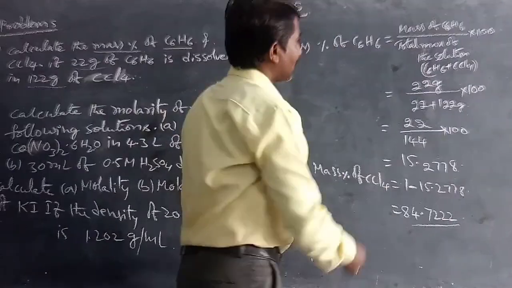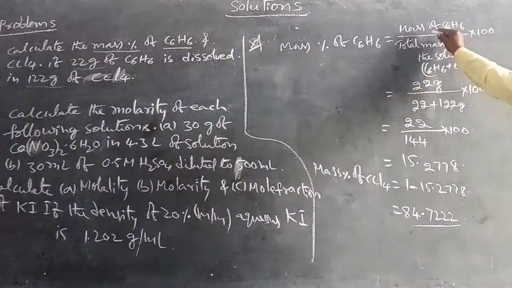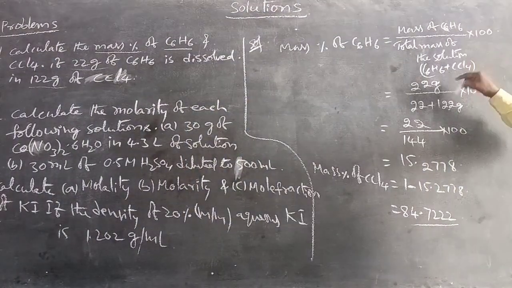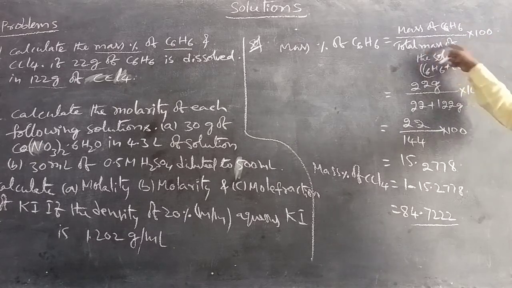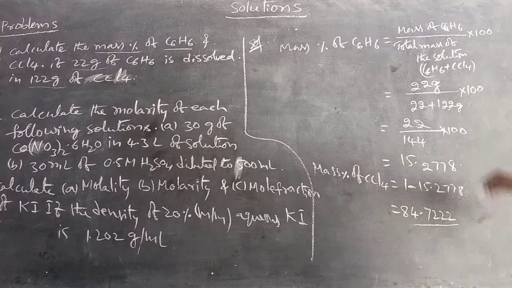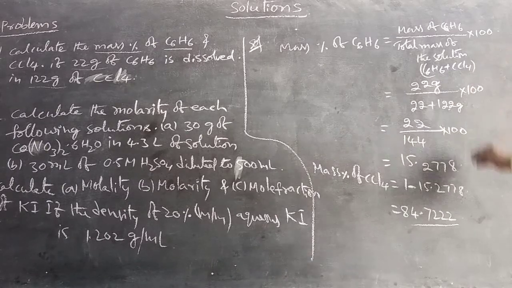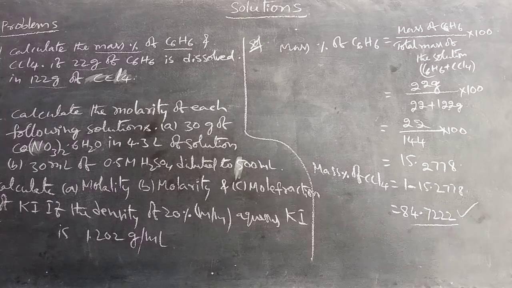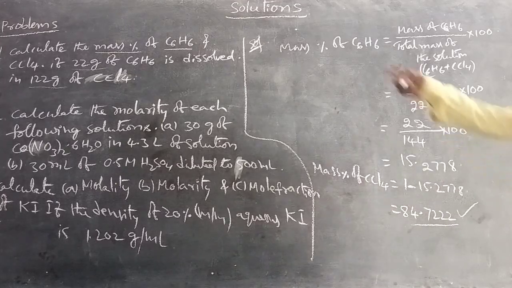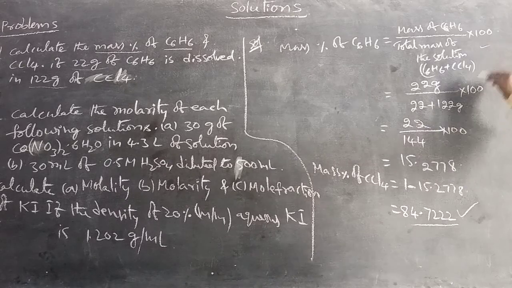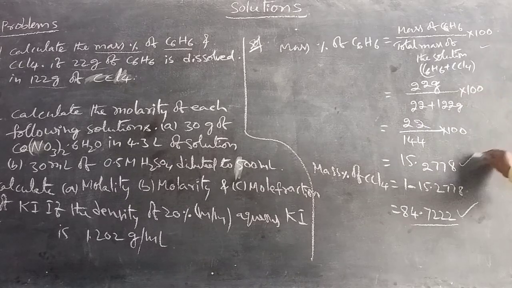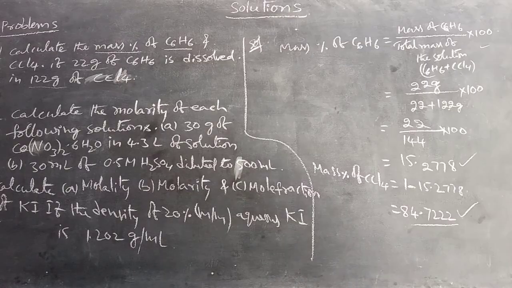When you calculate using 122 in place of the mass of CCl4 and the total mass, you get finally this one. So this is the mass percentage of benzene and carbon tetrachloride. Use the formula, substitute the values, and you get the answer.